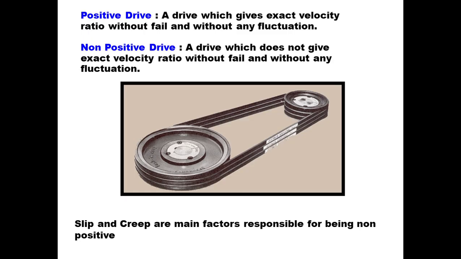So this non-positive drive is not giving us the exact velocity ratio. Slip and creep are the main factors responsible for being non-positive. Why are there losses, and why are we not getting the exact velocity ratio? The reason is that there are two factors which contribute to the loss of drive, and that is slip and creep.